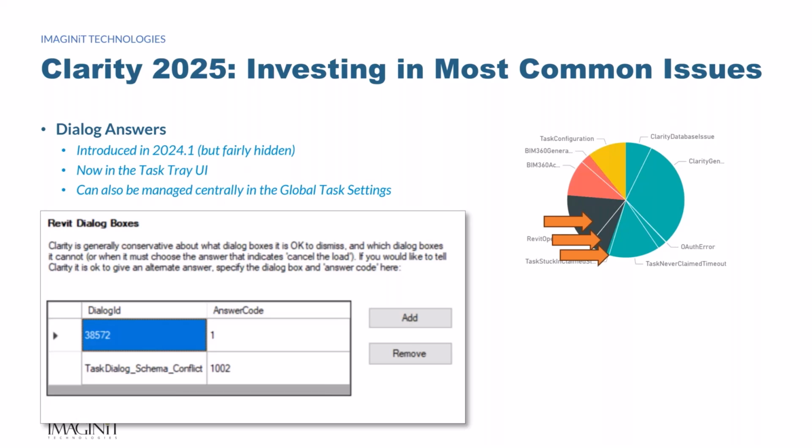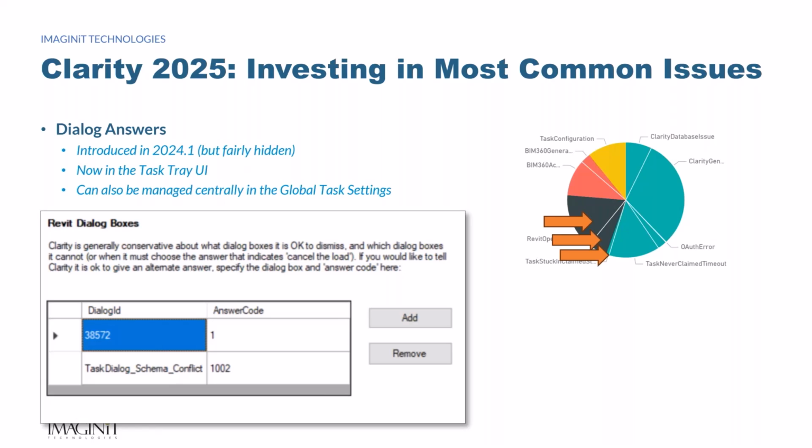You may care about that data, you might not, but ultimately we had to say no, cancel the loading process as our default behavior. But now you can configure this, or just about any other pop-up dialog that's inside the Revit context. You can configure alternate answers to what you would like to answer when Revit pops that dialog box up.